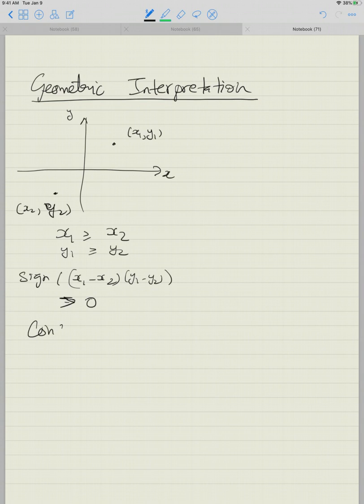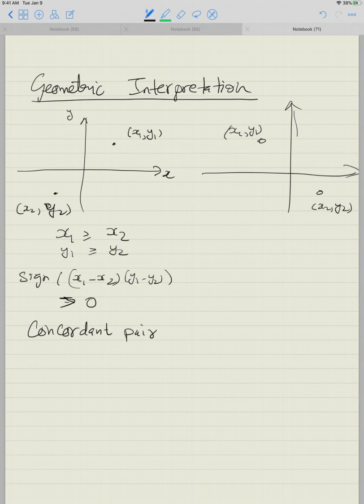So this is known as the concordant pair. If you had points like this, so this is x1, y1, x2, y2. Then here x1 is less than x2, but y1 is greater than y2. So the sign of x1 minus x2 times y1 minus y2 is negative. This is known as the discordant pair.